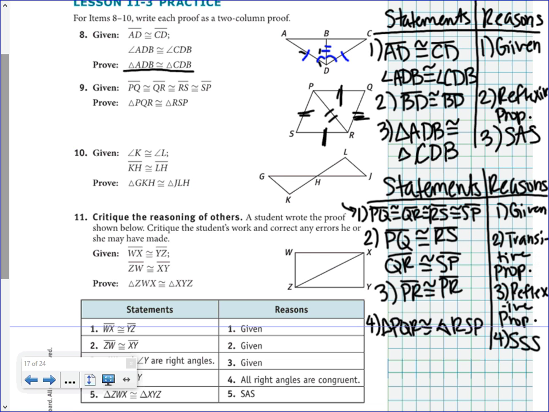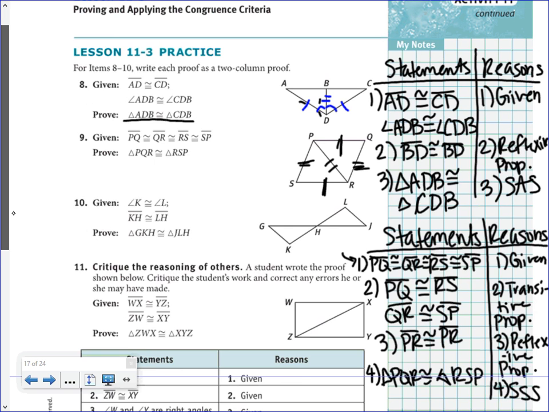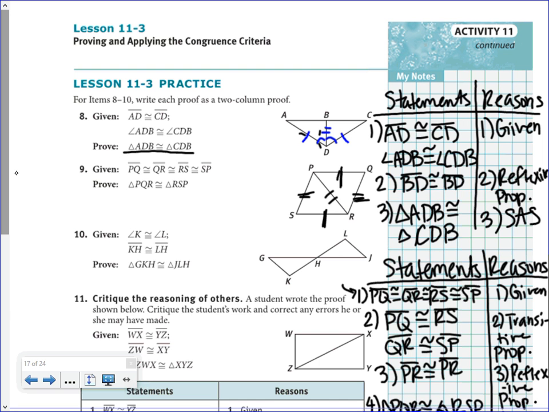Now looking at number 10. I'm going to erase number 8 here.